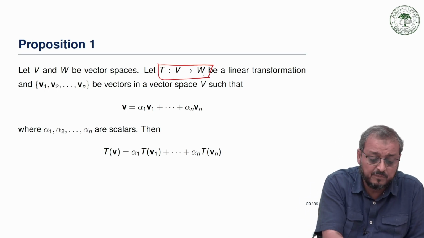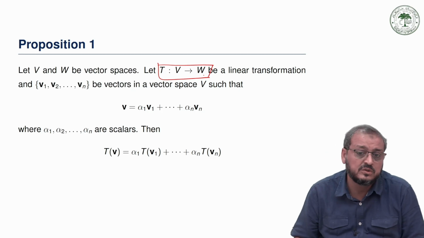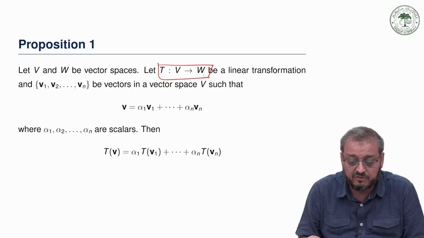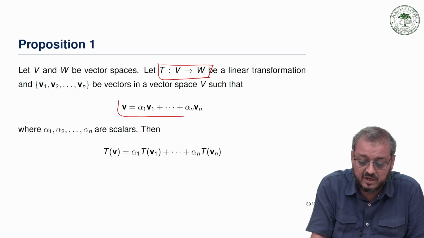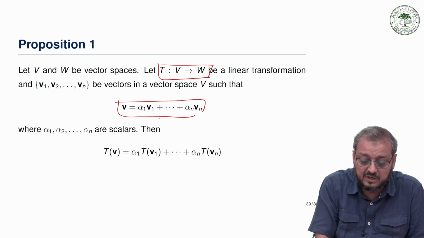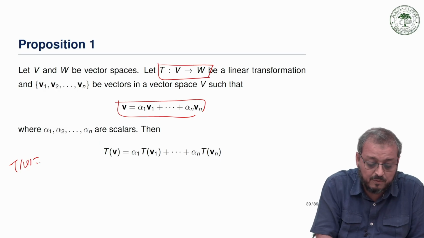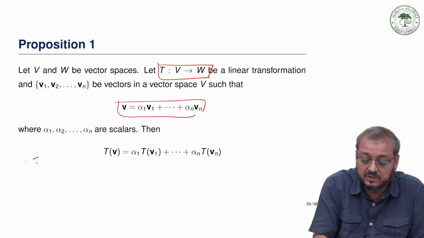I already proved this proposition in the last class. The proof is very trivial. Because we are given V in this form, we apply T, the linear transformation.